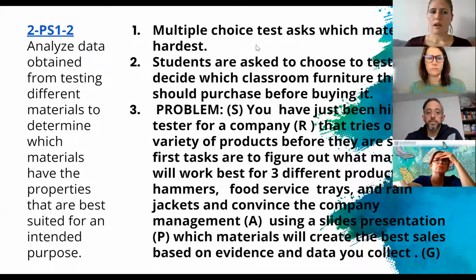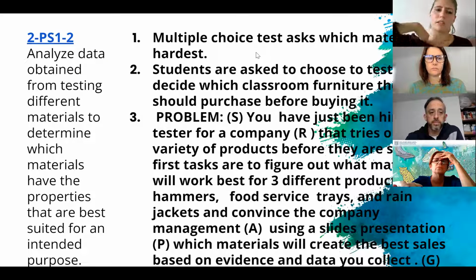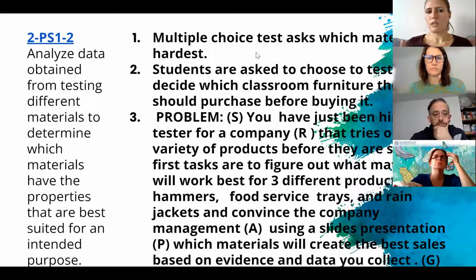So here are 3 possibilities. Looking at that same second grade standard, what would be the most authentic? So in the chat, you're going to rank these from most to least authentic. Number 1, a multiple choice test that asks which material is the hardest, because that could be one of the outcomes of working on the standard.